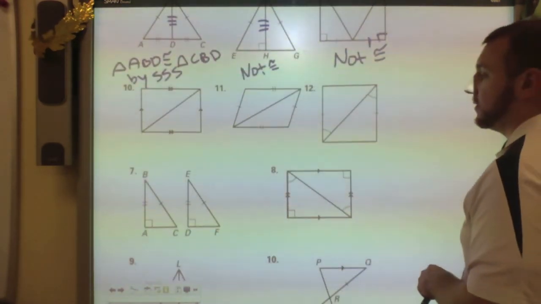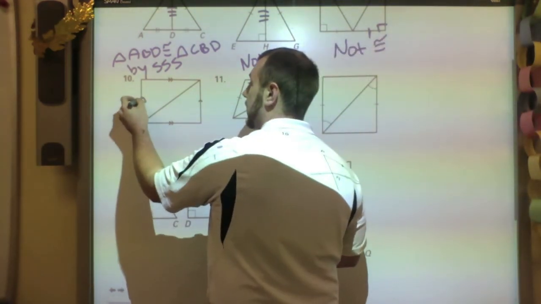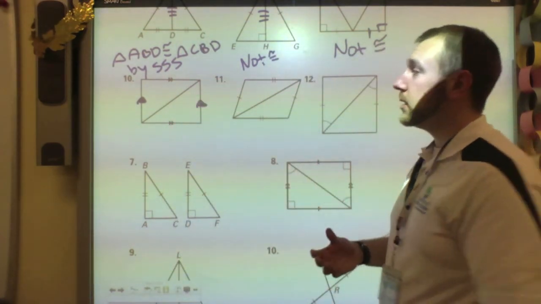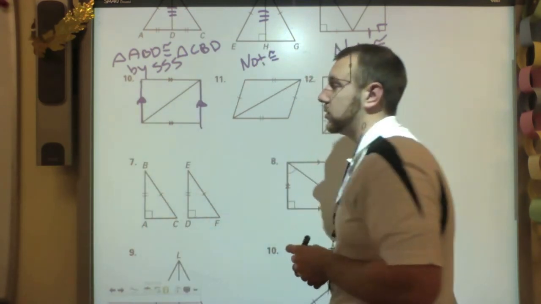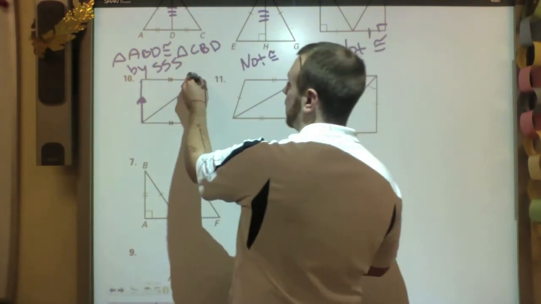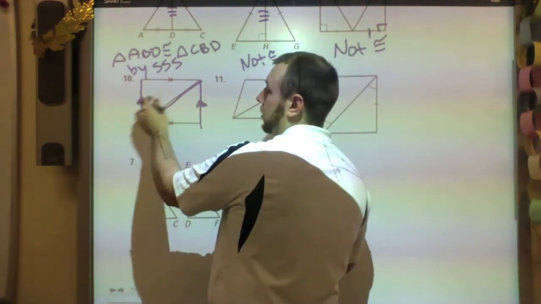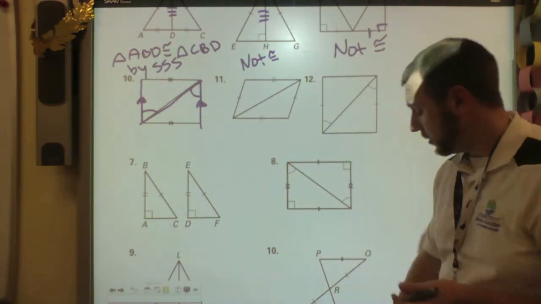And for 10 here, I just wanted to point out these arrows again mean parallel. So if I draw that blue line and I can make that funny looking Z, remember the corners of that Z are alternate interior angles, so I can mark those.